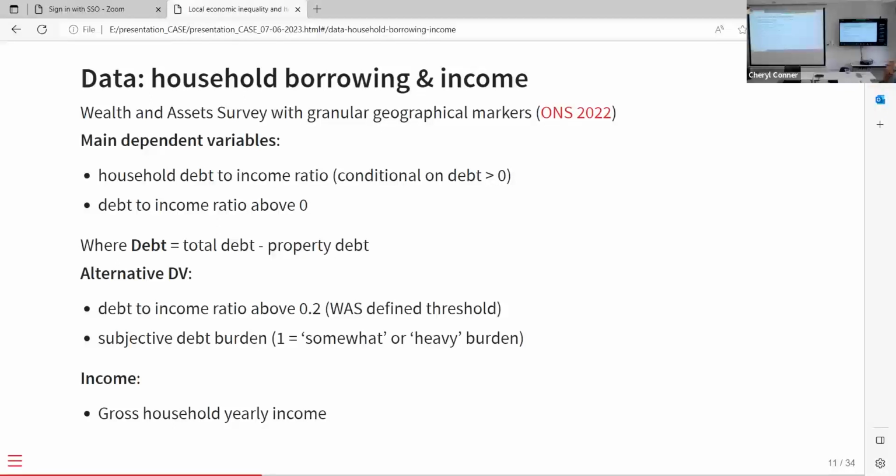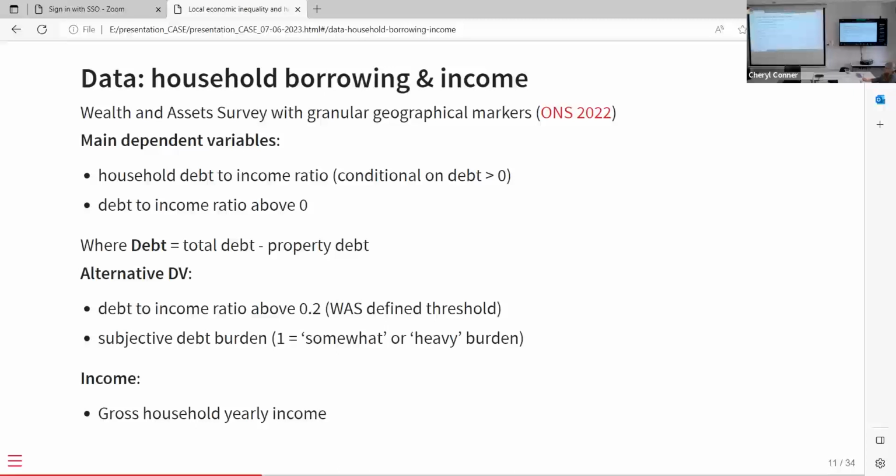And then also there are questions that get at subjective experiences of debt. So a household that says they experience somewhat or a heavy burden of debt, I'm going to take that as burdensome debt and use that as a binary variable.